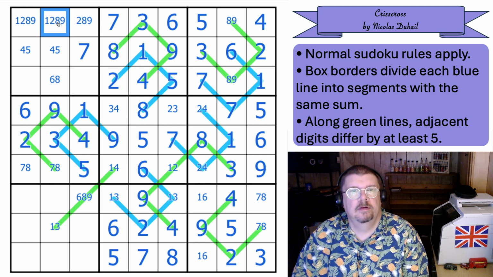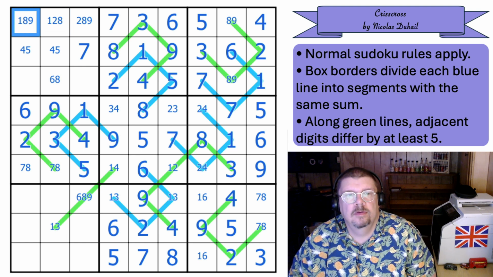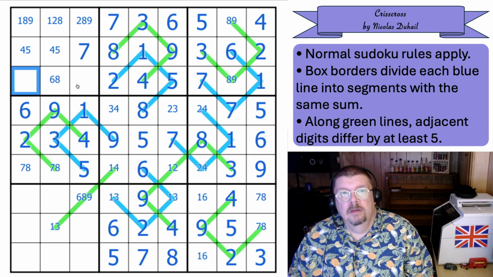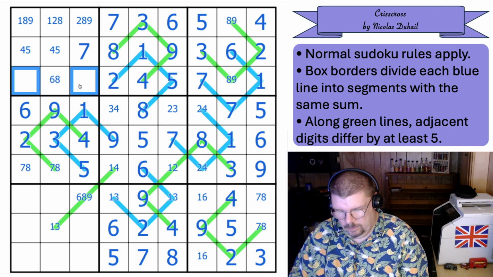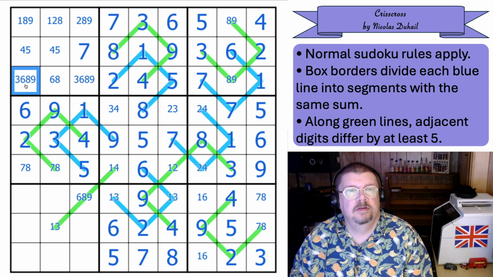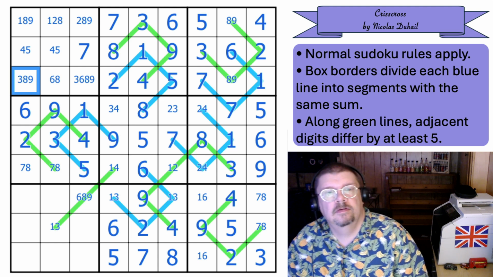That one's not a 1, that one's not a 9, that one's not a 2. These are from 3, 6, 8, 9. And this one is not a 6.